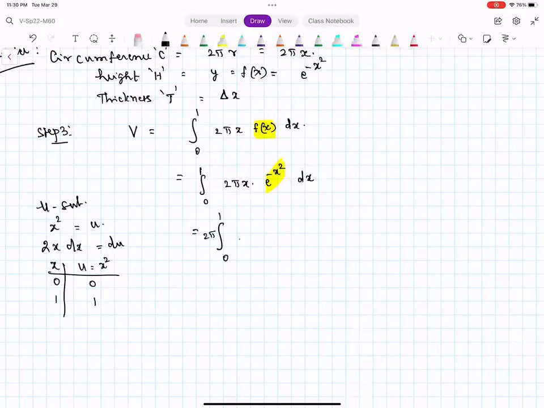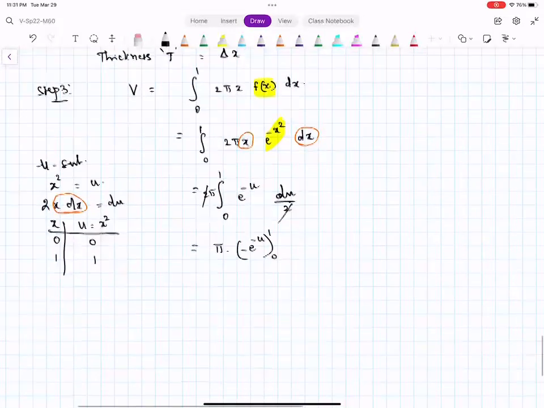So it's 2 pi e to the negative u, that is for the e to the negative x squared part. Then you can combine x with the dx. x dx is du over 2. So everything should be in terms of u inside the integrand. So it is pi times the integral of e to the negative u, which is e to the negative u over negative 1. You are going to evaluate that between 0 and 1.